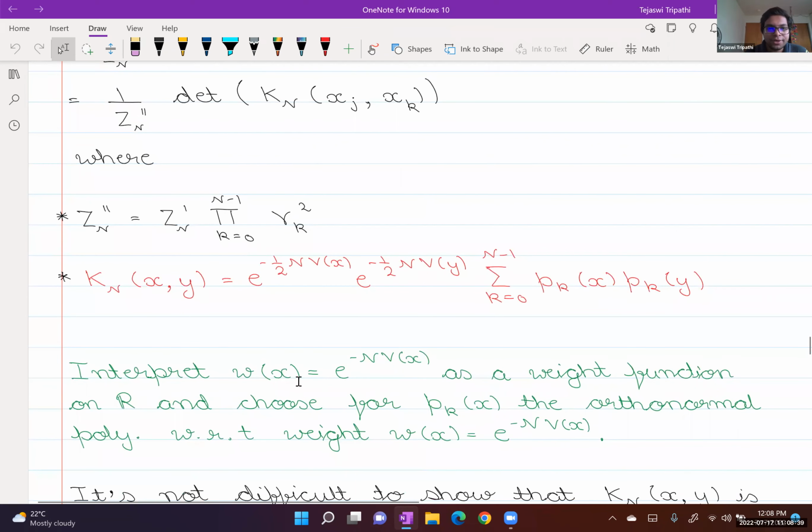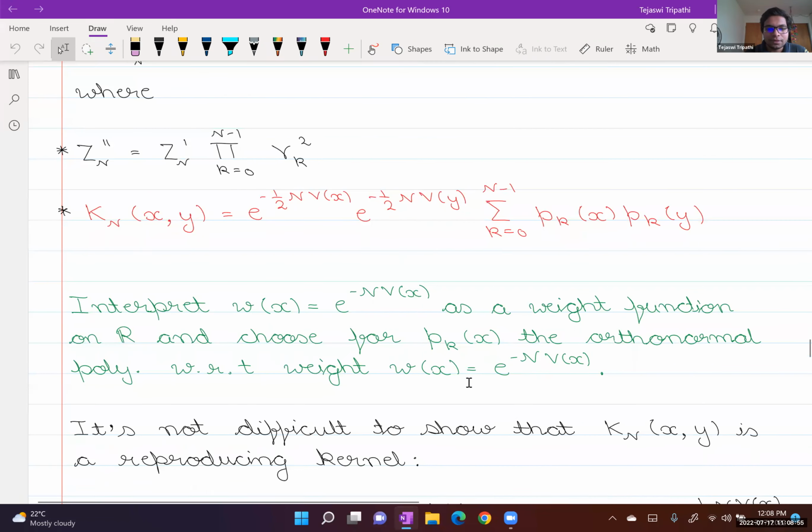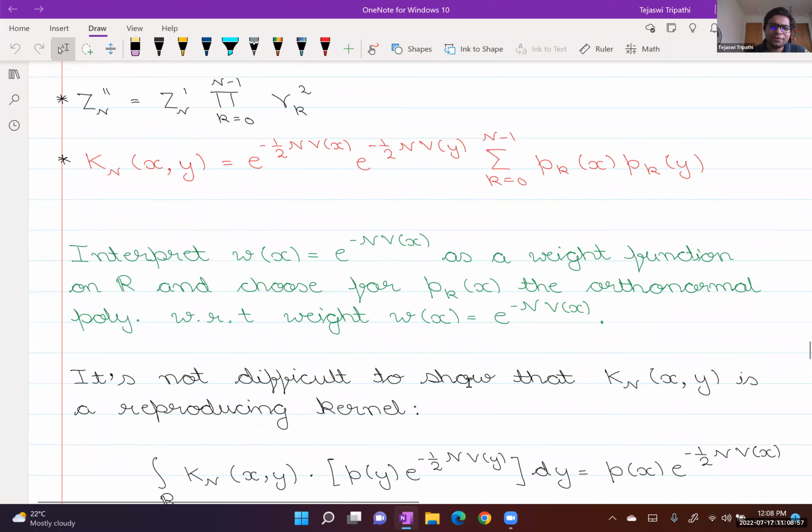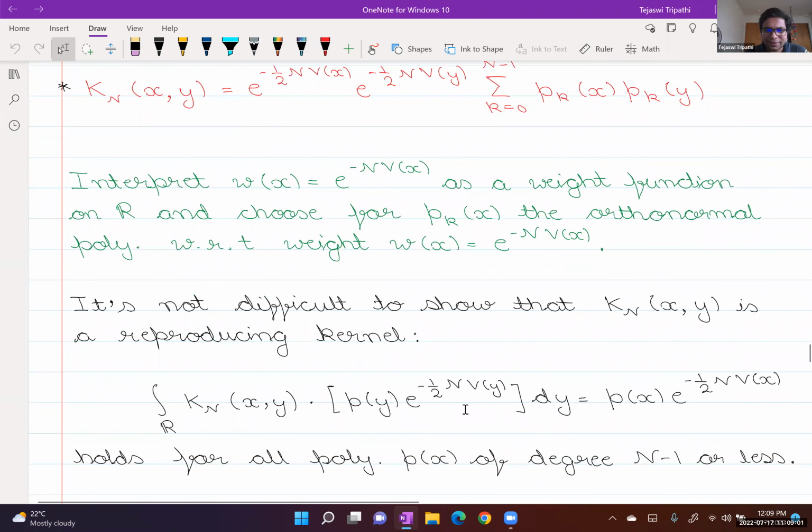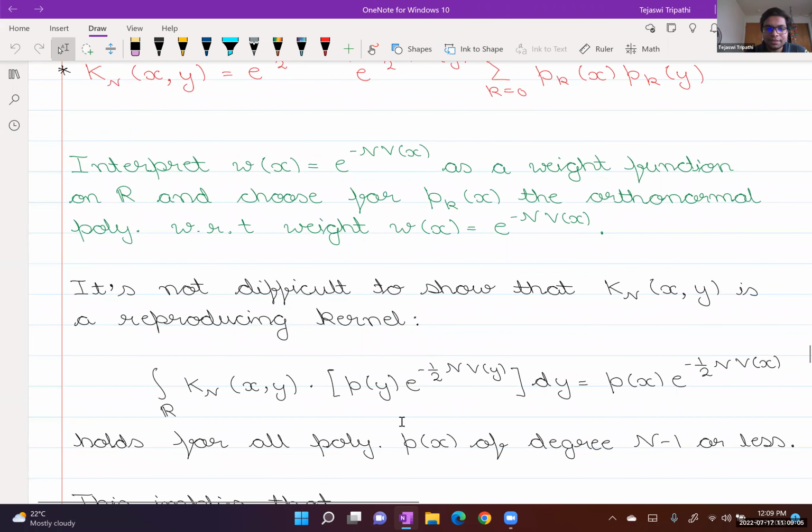So now what we do, we interpret w(x) equal to this as a weight function, and we choose p_k can be any polynomial, but I'll choose them to be the orthonormal polynomials with respect to this weight. It's not difficult to show that it's a reproducing kernel, and it satisfies this property for any polynomial p which has degree less than n minus 1.